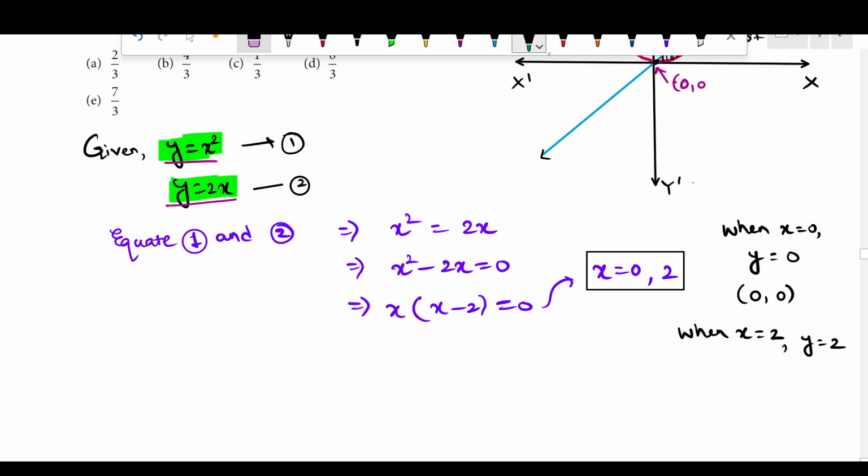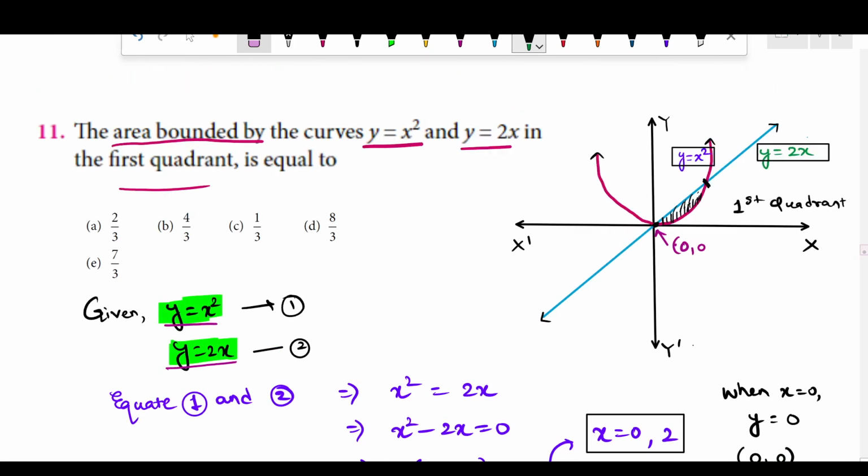So we get our second point of intersection as 2 comma 2, right? So this point is 2 comma 2, right? And this point was the origin. So we need to find the area from 0, 0 to 2, 2 bounded by these two curves, y equals x square and y equals 2x.